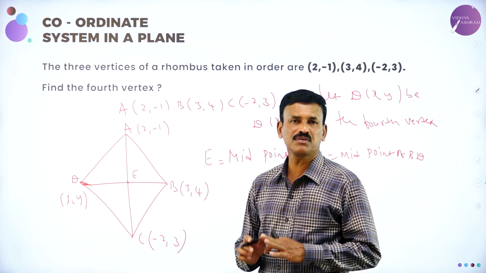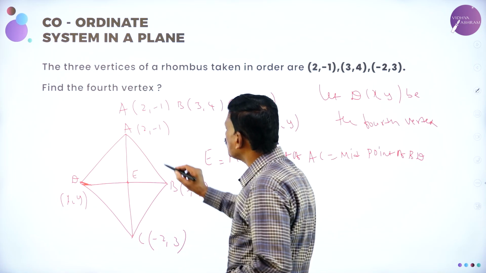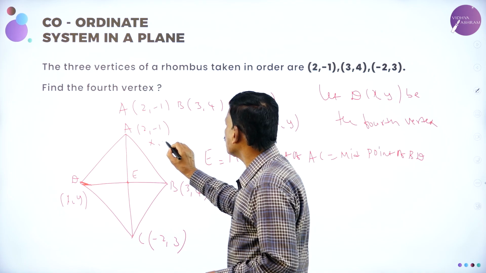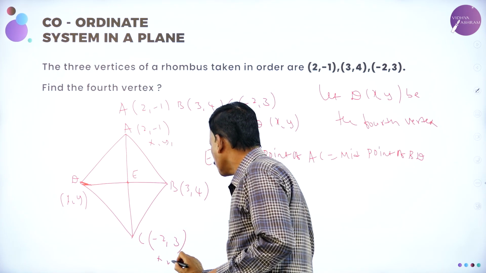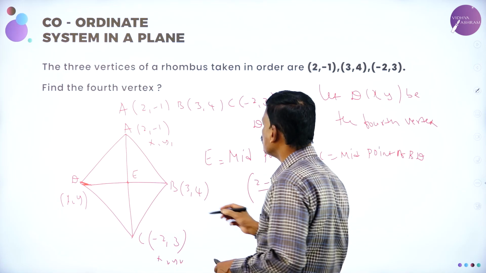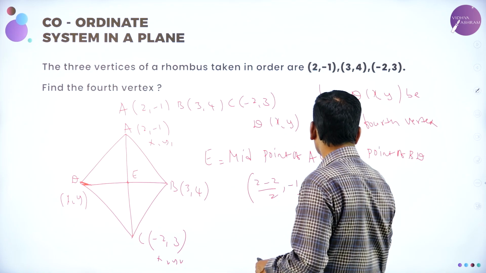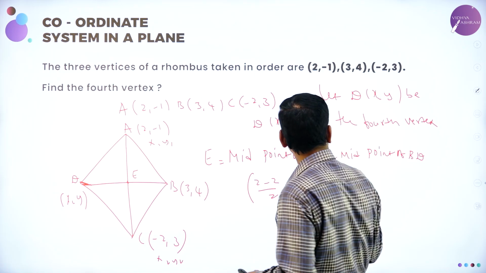Just use the midpoint formula and solve, you will get the answer. So what is the midpoint of AC? Midpoint of AC, this is x1, y1, x2, y2. So 2 minus 2 divided by 2, comma minus 1 plus 3 divided by 2, is equal to the midpoint of BD.